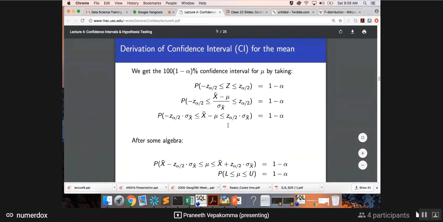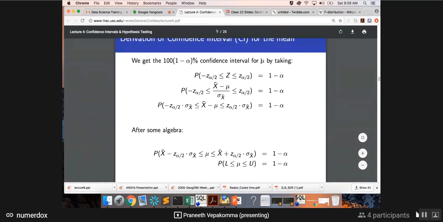Okay, now let's see the derivation. We want a confidence interval for the mean, for example. So we know the mean has this distribution, and you want to find what these cutoff values are. The central limit theorem says the following: if you subtract the mean of the sampling distribution of x bar from x bar... x bar has its own distribution, I said, to keep things clear, not to confuse.